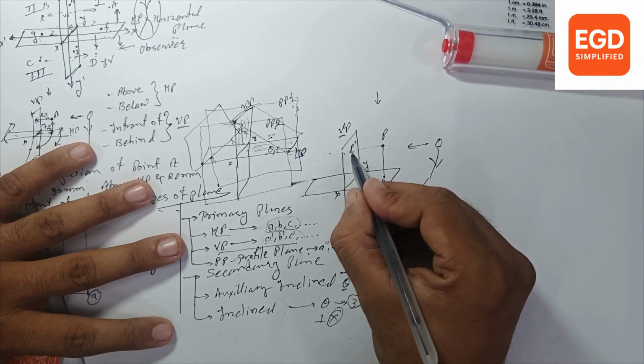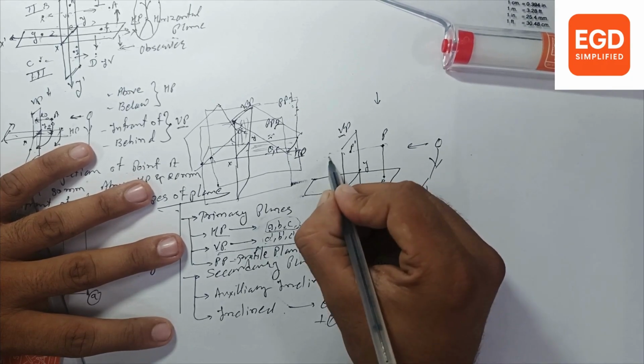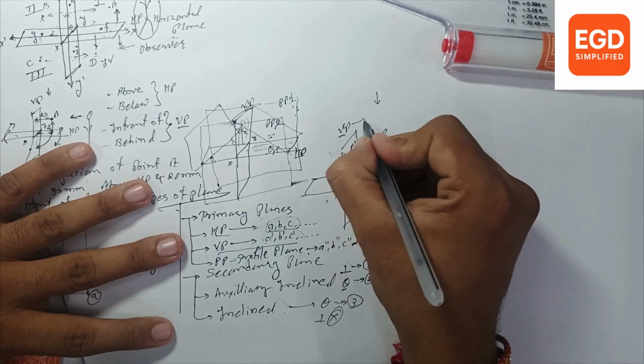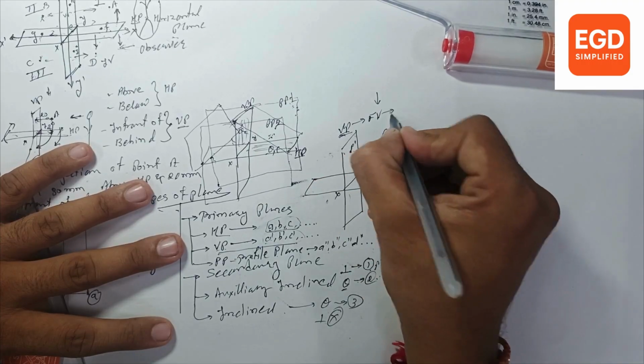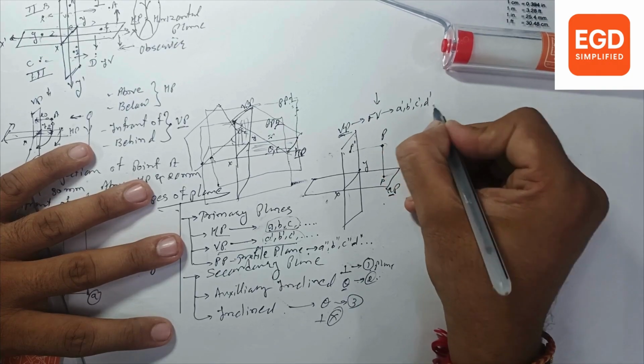For the front view, whether your point or object is here, here, here or here, your front view will be on VP. So all the numbering will be like A dash, B dash, C dash, D dash.